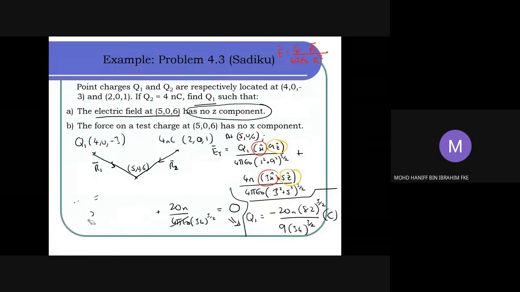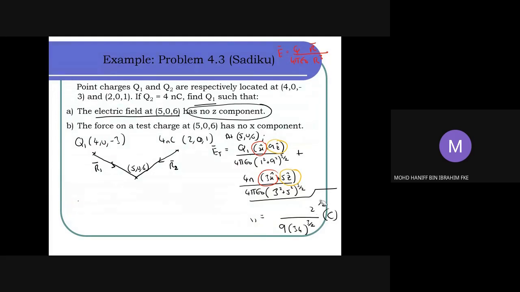Because the question asks us about the force. This is about the same question, but the difference between the first and the second one is that the first one is related to the electric field, whereas the second one is related to the force. Given that the force on a test charge at 506 has no x component.